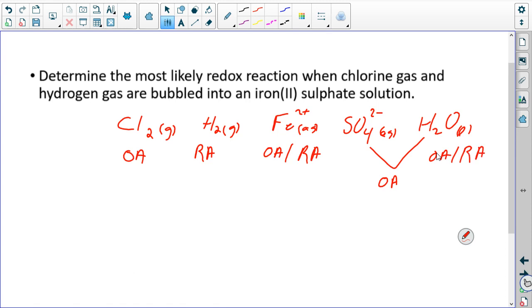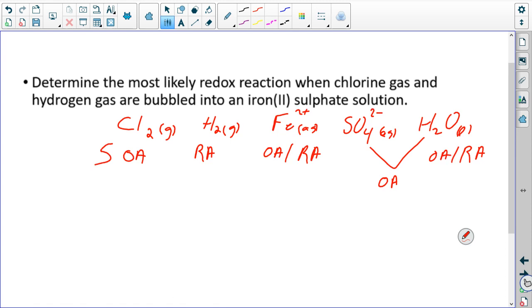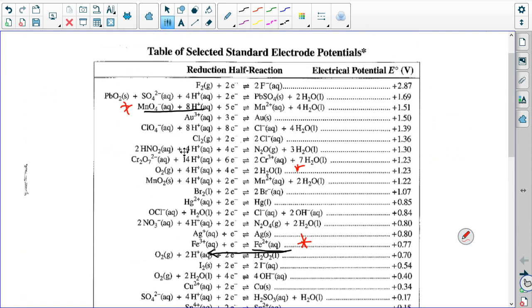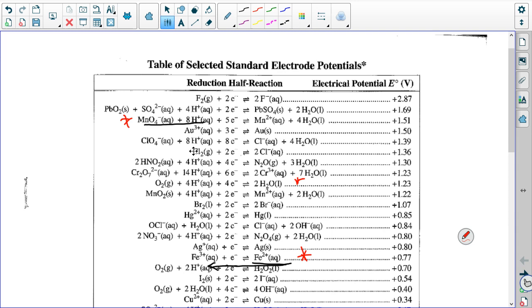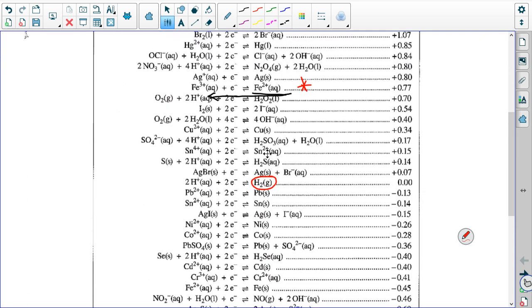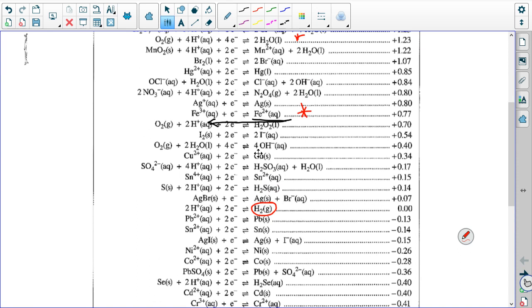Sean, what's my strongest oxidizing agent on this list? This is the strongest oxidizing agent because it's right at the top. And the strongest reducing agent out of our list, well, we have our iron 2 up here.